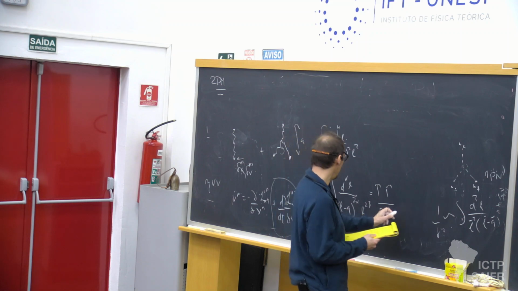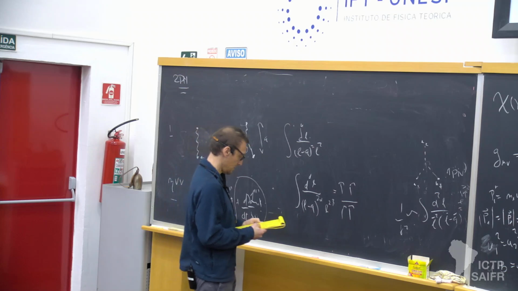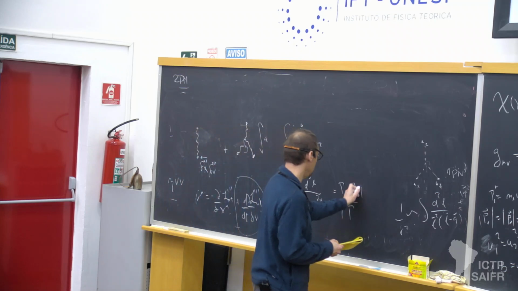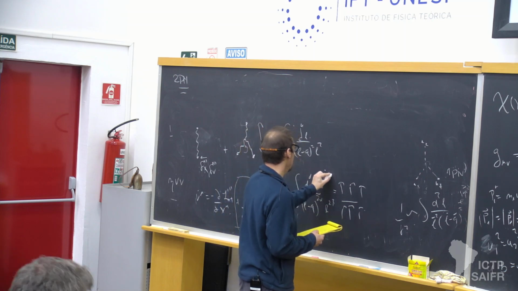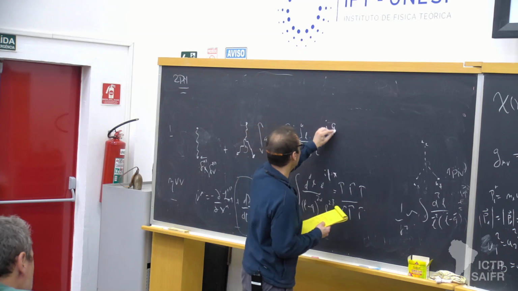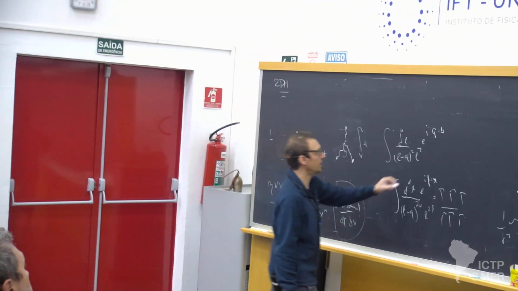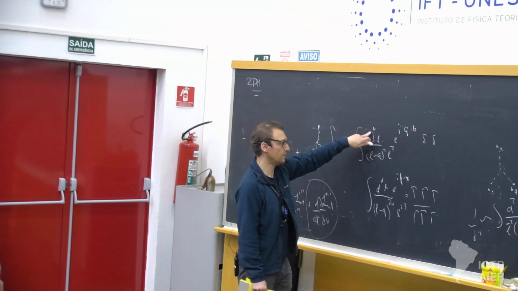But the important thing, 3? Yeah, exactly, 3. That we're going to also have here, we're going to end up with something like this. And now the catch will be that the delta functions are going to do the same trick again as they did before and give you the d minus 2.